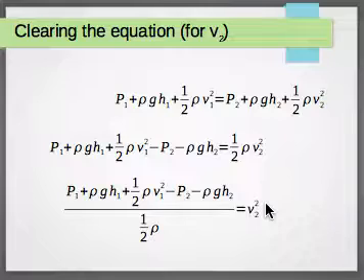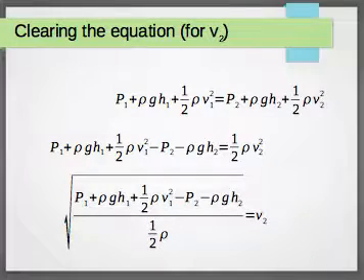We want to get v2 by itself, not squared. So how do I clear the v2? That square, I don't want it there. What do I do? I gotta get the square root of both sides, and that's going to be next. And that's going to be it. That's how we get the velocity for v2. That's how we get the velocity for this equation. All right, and that's it for this part.